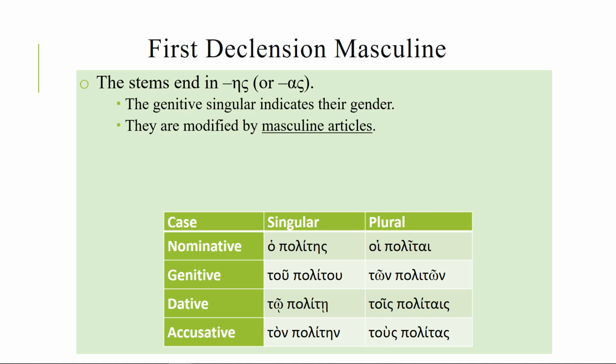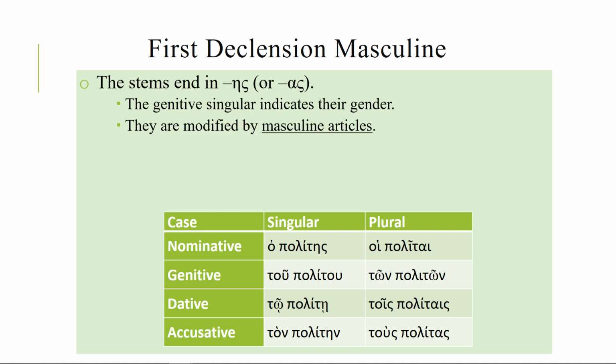So this word polites, which means a citizen, is modified by the masculine article, even though once you get past the first two forms, the first form looks like a feminine with a sigma stuck on it. The second form looks totally weird. It's, as you will see, the same form we'll see in the second declension. But the rest of it looks just like a standard first declension feminine, but it's not. It's a masculine.